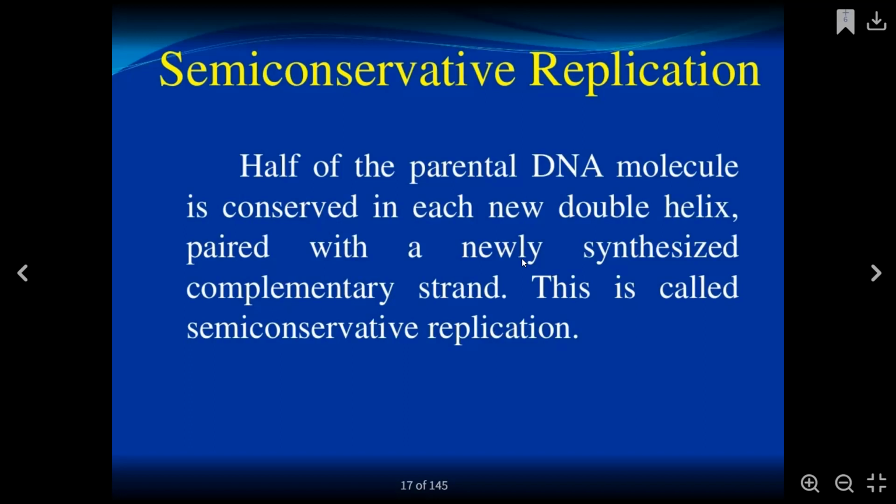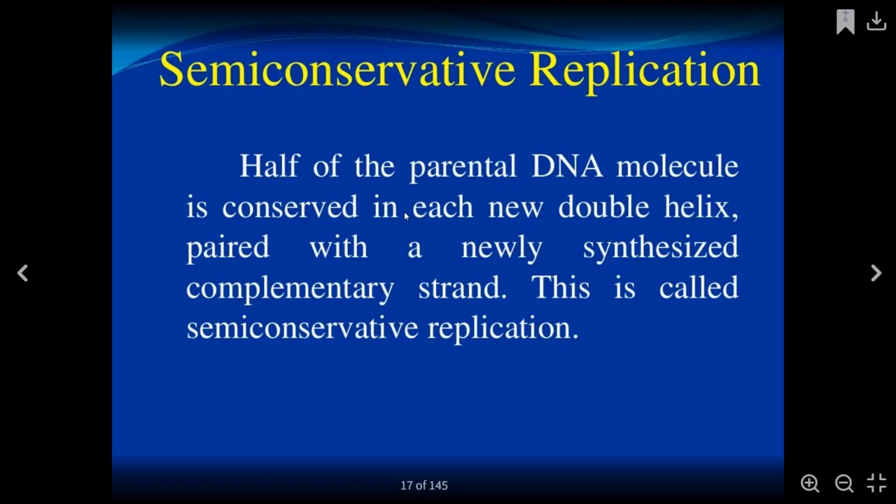You can see that the parental DNA molecule, whatever is being passed on to the next generation, is conserved, and even that is involved in the formation of the new double helical structure, to which the complementary strand is formed.